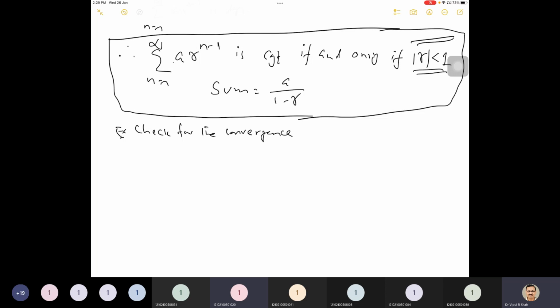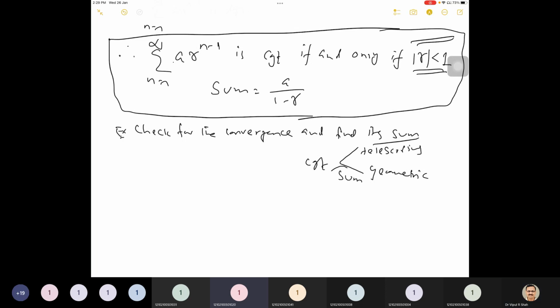Check for convergence and find the sum. If it says find the sum, you have only two options: either a telescoping series, which is convergent, or a geometric series. In any other convergent series the exact sum is not available. You will say that the sum is possible, but we don't know the exact sum.